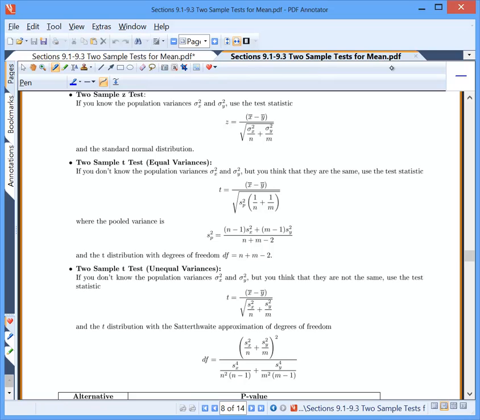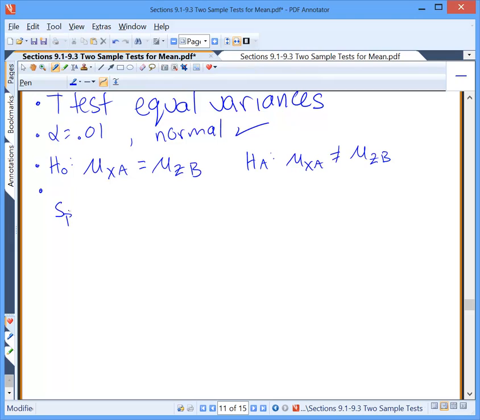If we look back at our test sheet, if we have equal variances, we have this test statistic, but notice this S_p squared, that's our pooled variance. We need to calculate that first using this formula. You take each sample size minus 1 times the sample variance and then divide by n plus n minus 2.